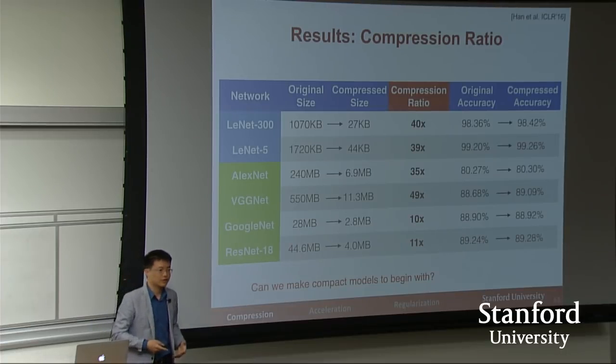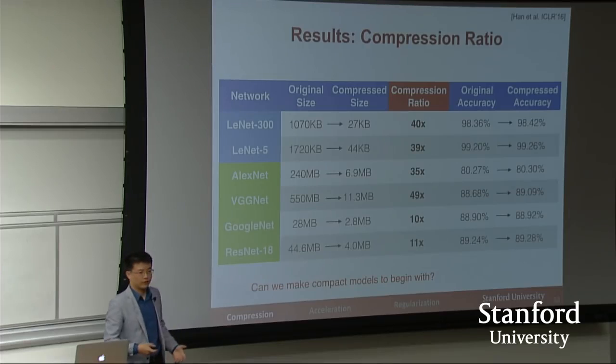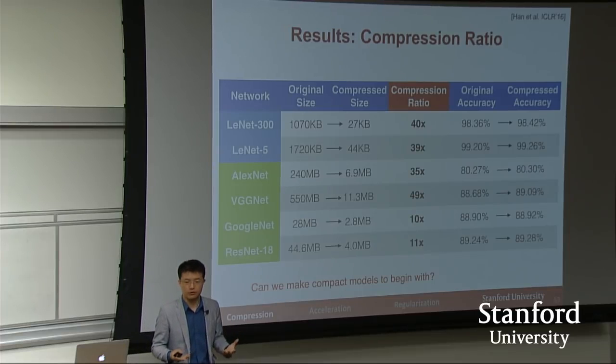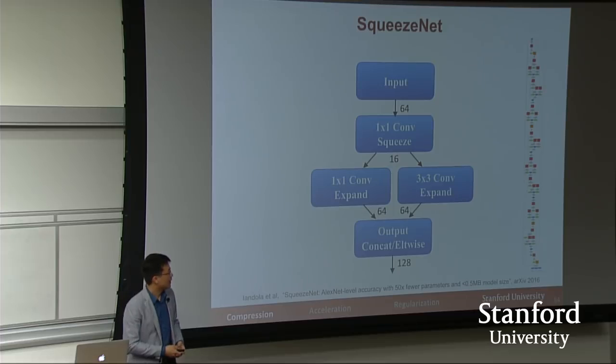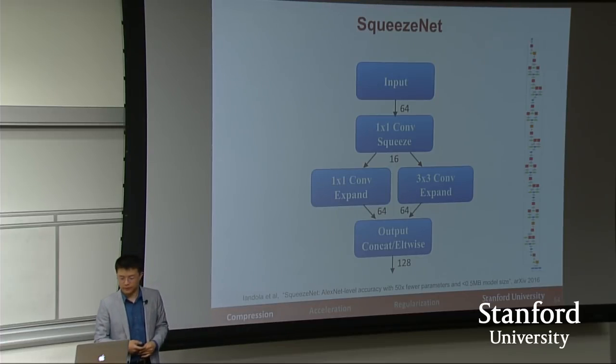So the next question is, these models are just pre-trained models by, say, Google, Microsoft. Can we make a compact model to begin with, even before such compression? So SqueezeNet, you may have already worked with this neural network model in a homework.